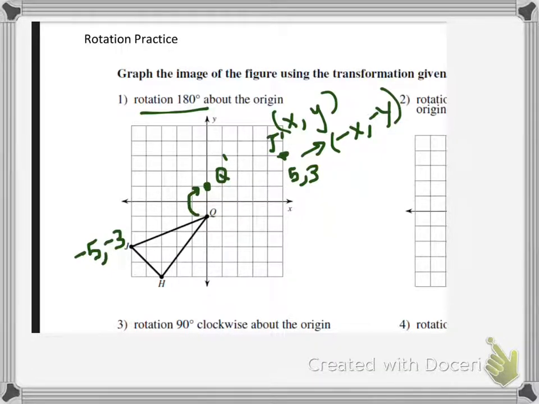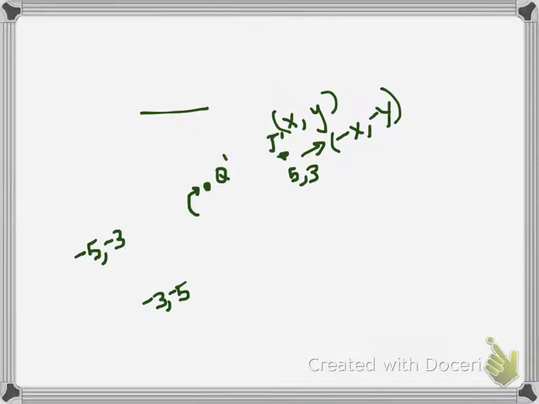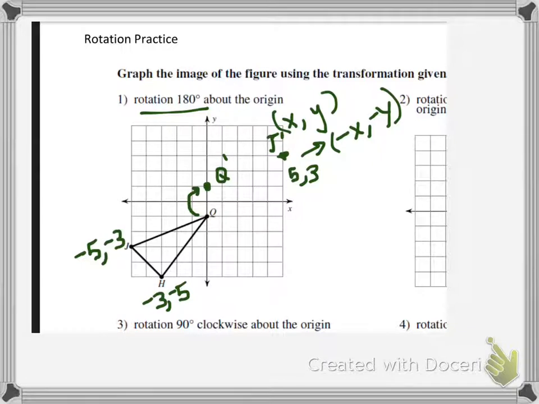My H prime, if I start at (-3, -5), well, it's going to come here to (3, 5). That is my H prime. So I can simply connect my dots, and I'm done.